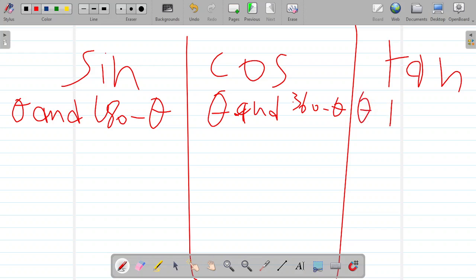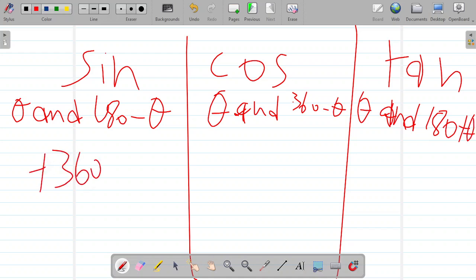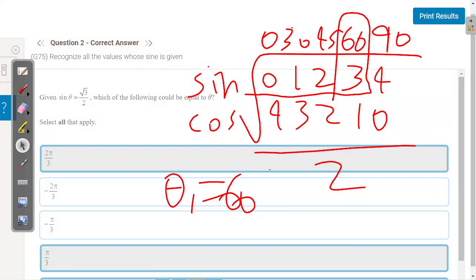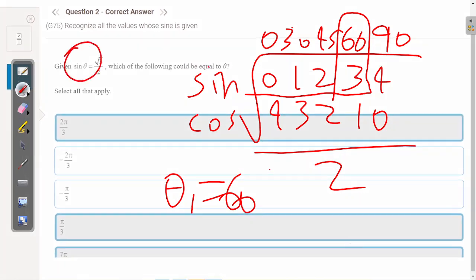For tan, it's theta and 180 plus theta, plus 360k, plus 360k, and plus 180k. What plus 360k means, I'll show you in a bit. But okay, now this one is sine, so theta 2 is 180 minus 60, which is 120.